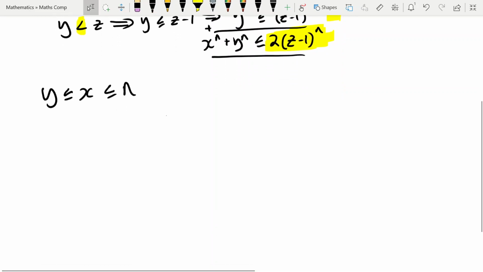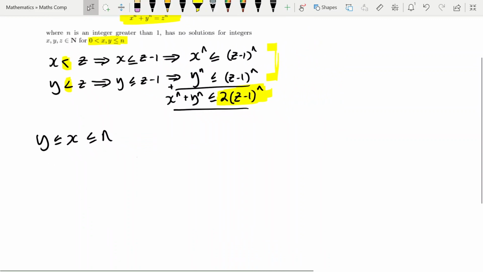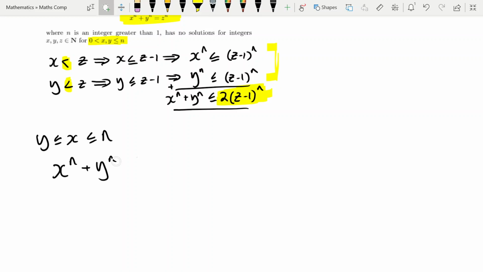From this, we can deduce the following fact. We can say that x to the n plus y to the n is going to be less than or equal to x to the n plus x to the n. Equality occurs when x equals y. Otherwise, when x is greater than y, the right hand side is bigger because x is greater than y. So I hope that makes sense.